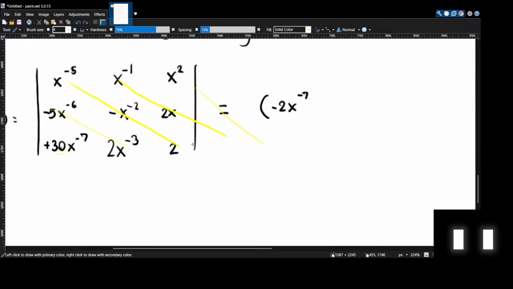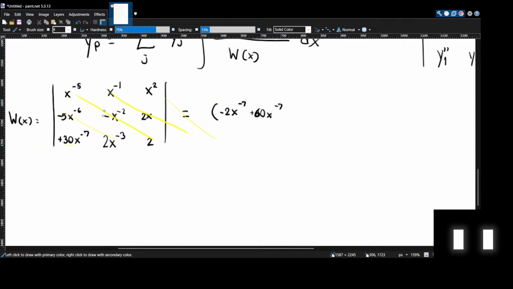This is the first diagonal line. And then this is gonna be plus 30 x to the negative 7, because x to the negative 1 here cancels that thing out, it actually becomes plus 60, sorry. That is from the second diagonal that we went through.